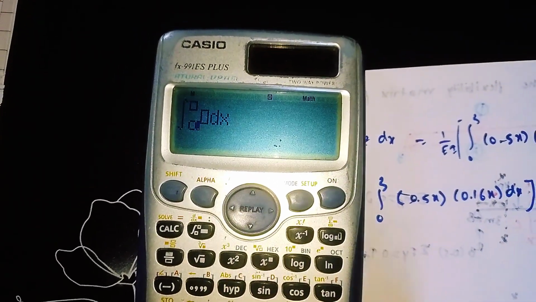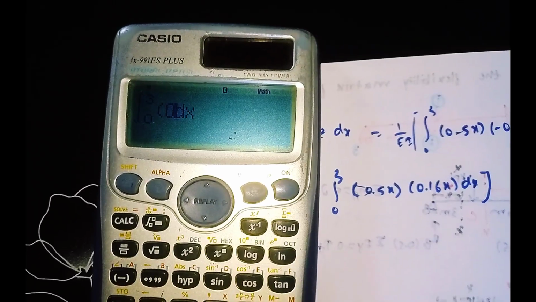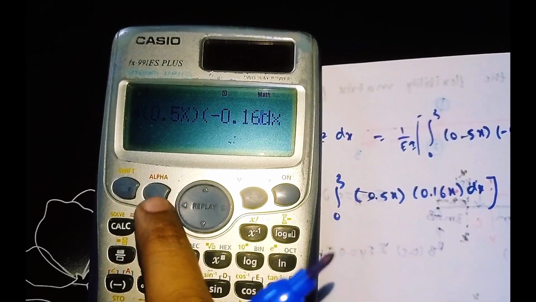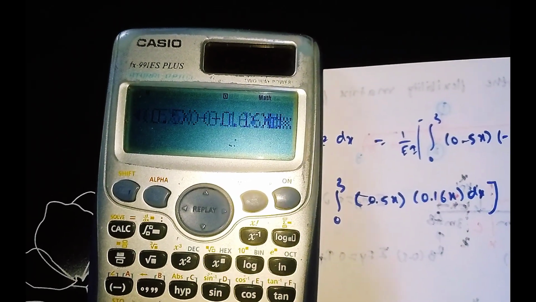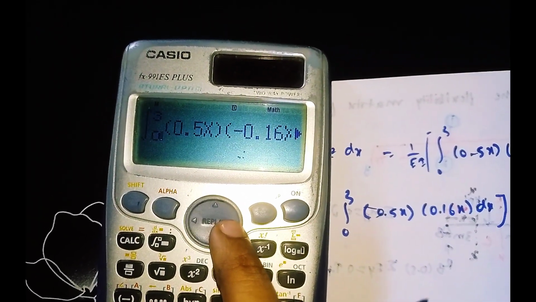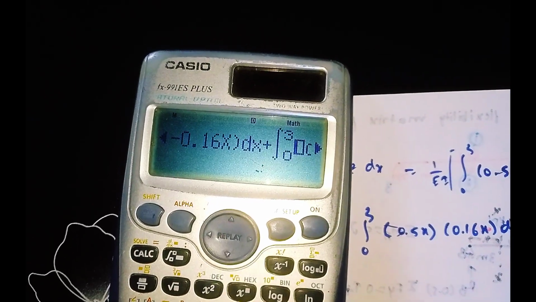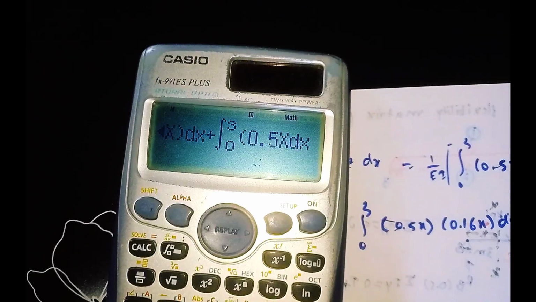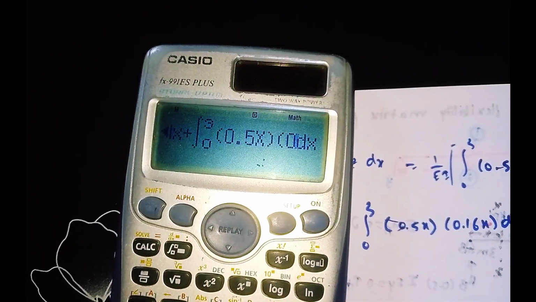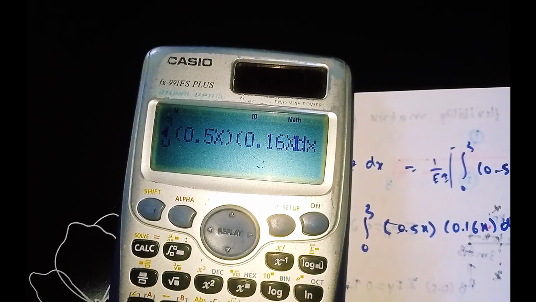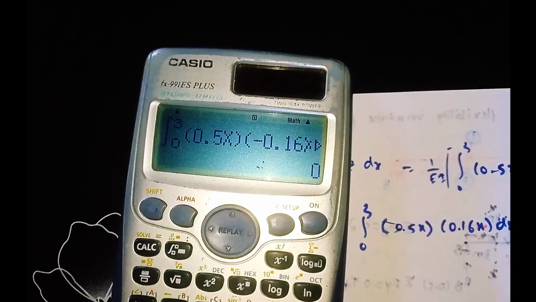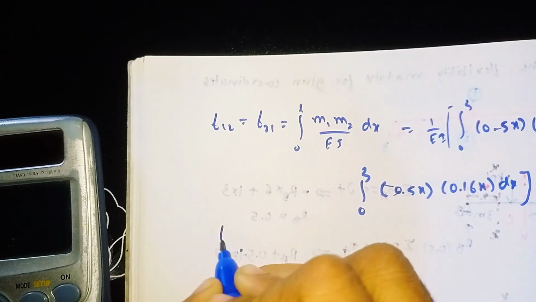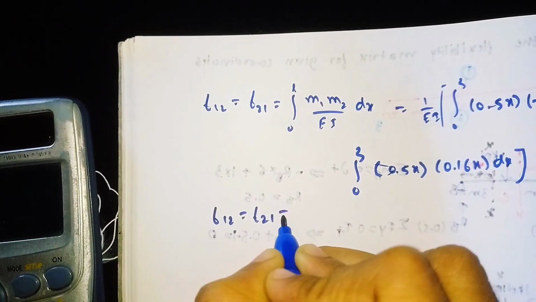Integration of 0 to 3 of 0.5x into minus 0.16x, plus one more, integration of 0 to 3 of 0.5x into 0.16x. Now solve it, and it will come out as 0. The answer is 0. F12 and F21 values will be 0.